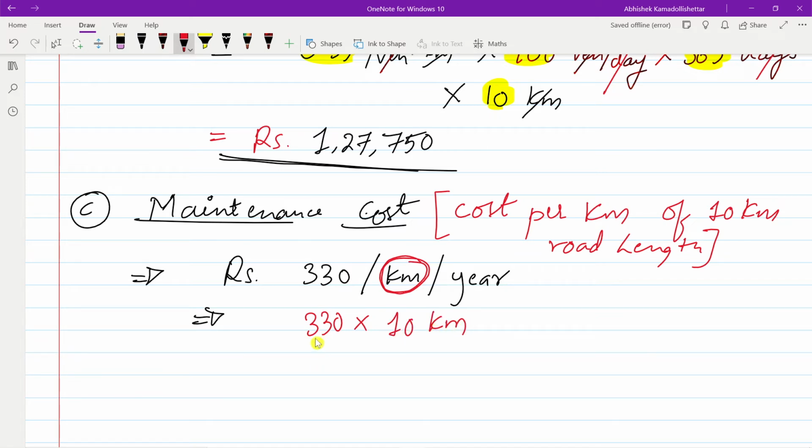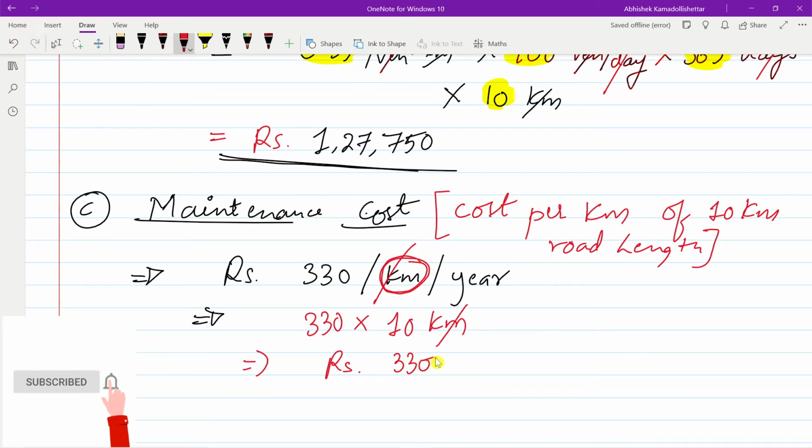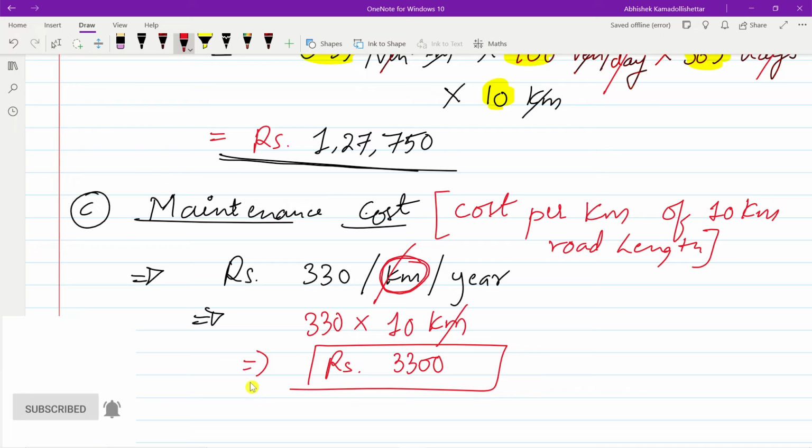When you do that, kilometer and kilometer will get cancelled. Only the money remains, per year. So this is rupees 3,300.